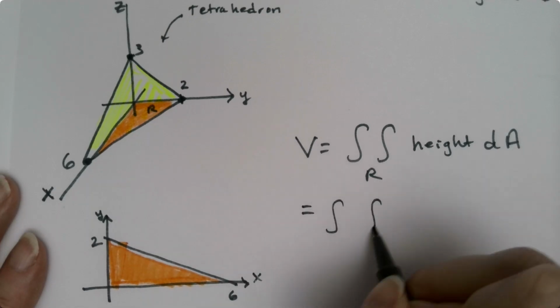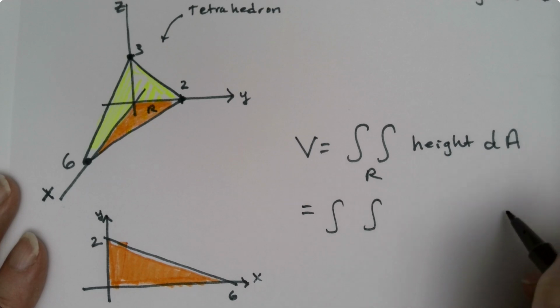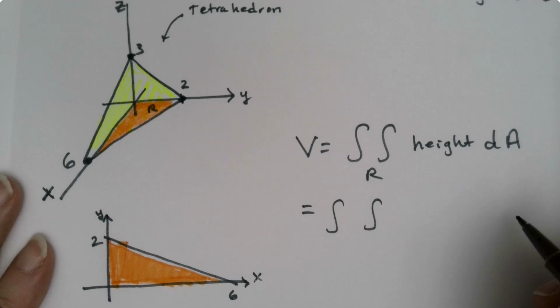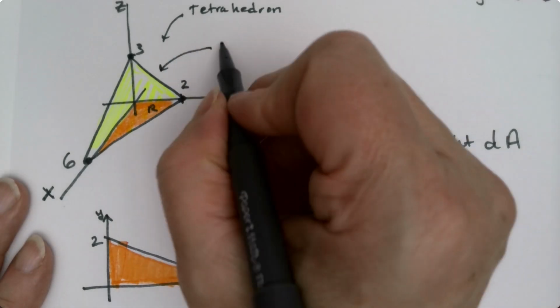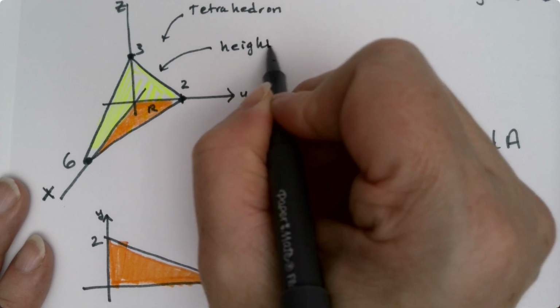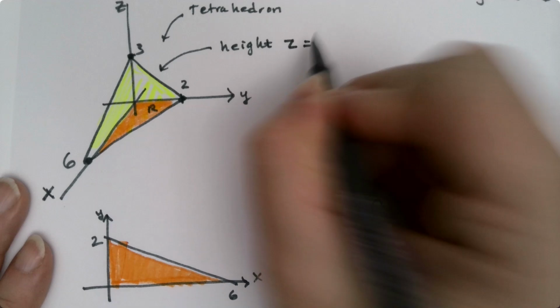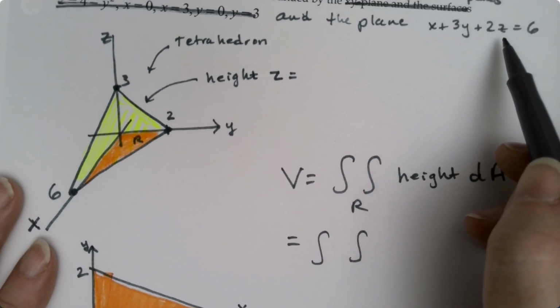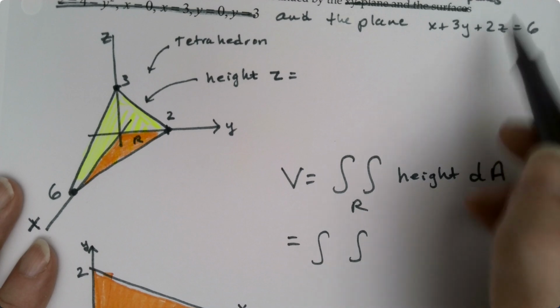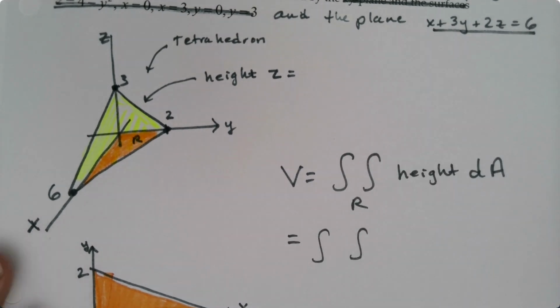So we just have to make a decision then about which way we want to go, dy dx or dx dy. And you think that the height function would be useful, but your height function is your surface, which is z equals. So you have to think about this plane in terms of z. So you have to solve it for z. So if that's your plane, let's solve it for z.